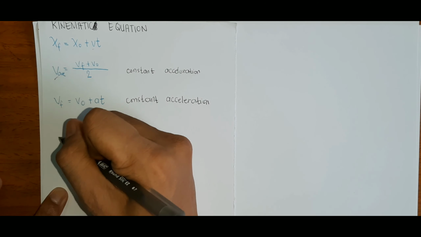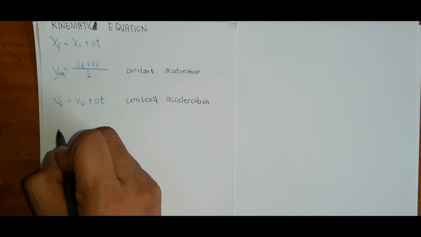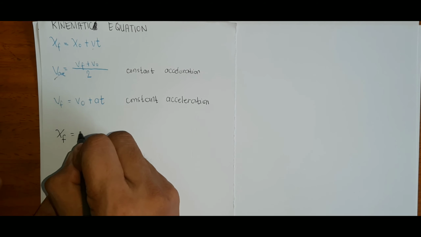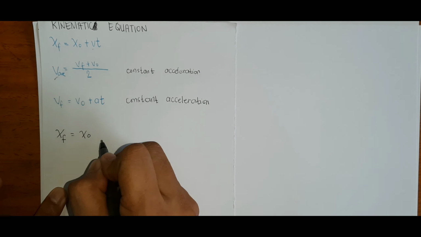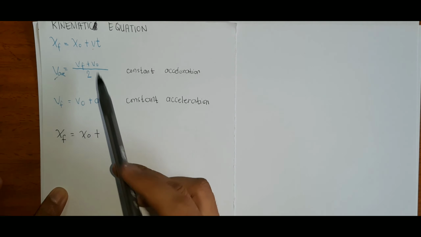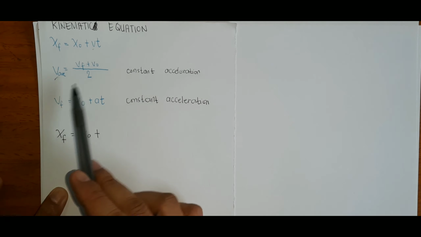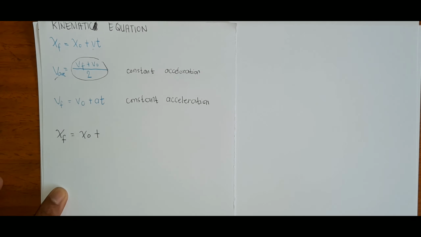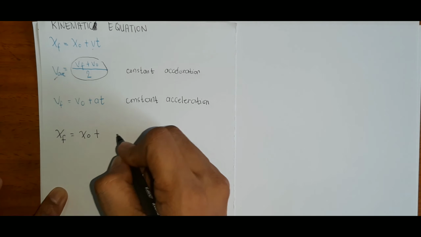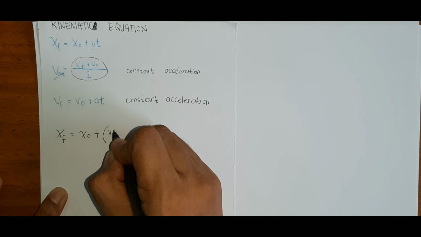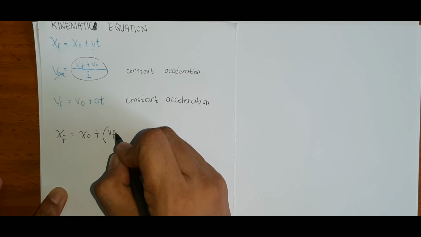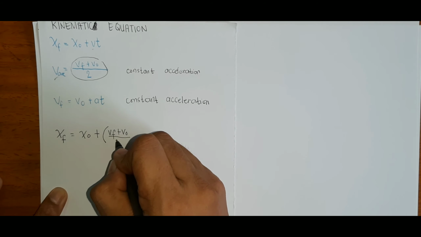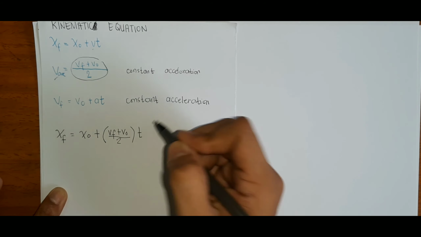So you will have x sub f is equal to x sub o plus, again, your v, and this v is the same, meaning the value of your v could be represented by this one. That means vf, the final velocity, plus vo, your initial velocity, divided by 2, multiplied by your time.